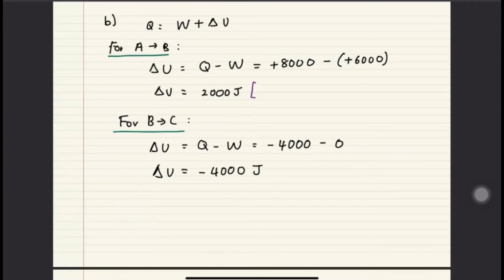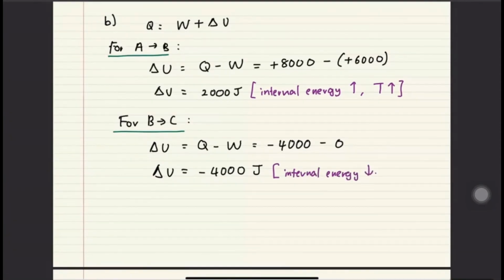He didn't ask, but you can say it. The first one, AB, internal energy increases. If internal energy increases, does the temperature increase or decrease? Increase. Very good. This one, internal energy decreases because it is negative. So your T decreases as well.